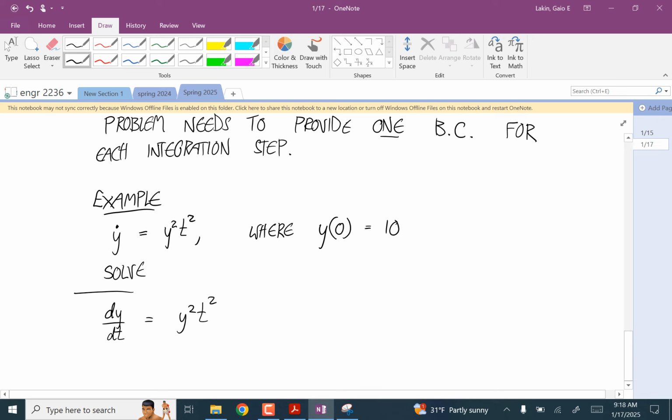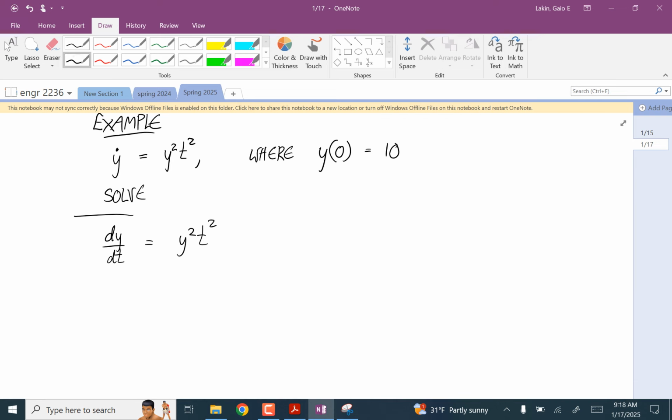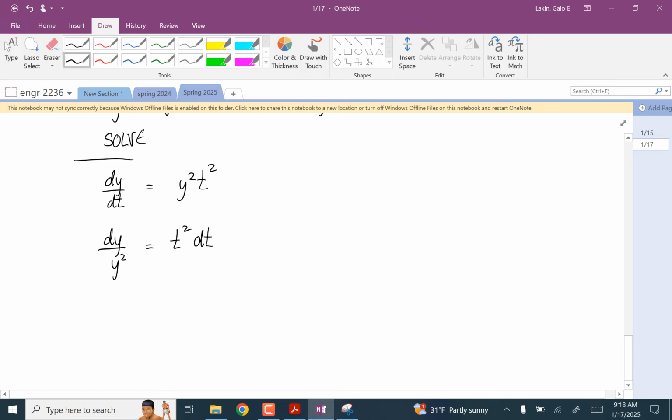And now we have to think about, does this meet the form requirement of using separation of variables? Well, we have a function of y multiplied by a function of t, so this works fine. And so now I'm just going to get all the y stuff on one side, the t stuff on the other side. So we have dy over y squared is equal to t squared dt. I'll just reformat this.